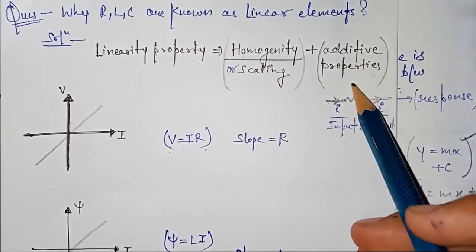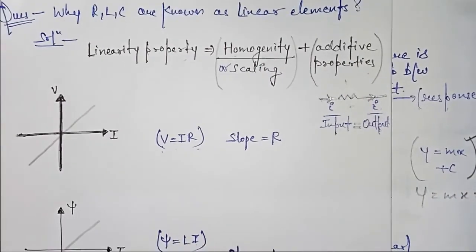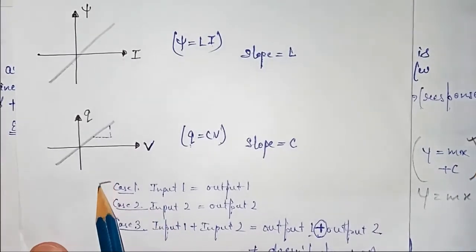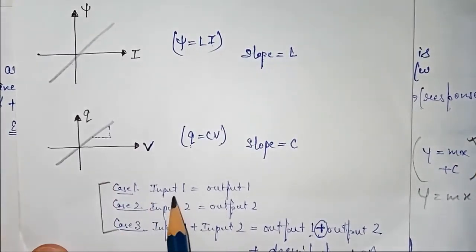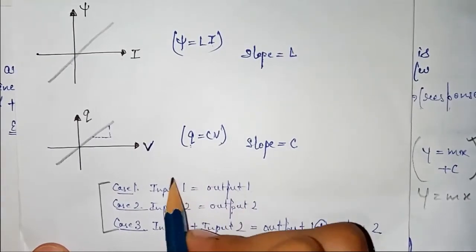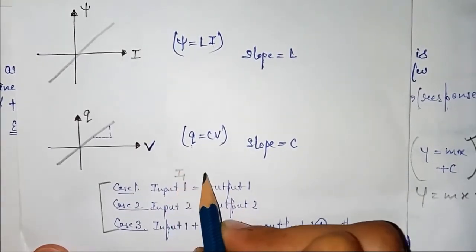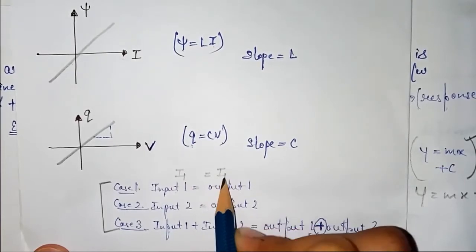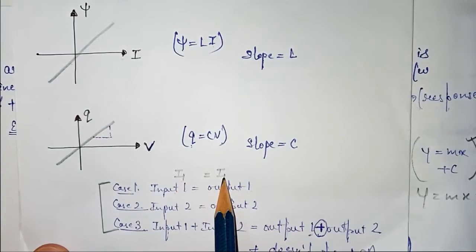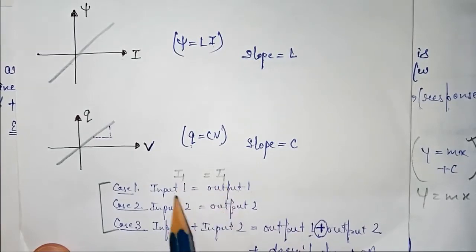Now see what the additive property is. I have three cases. In case 1, input 1 is equal to output 1, that is, I1 is equal to I1. Incoming current must be equal to outgoing current.